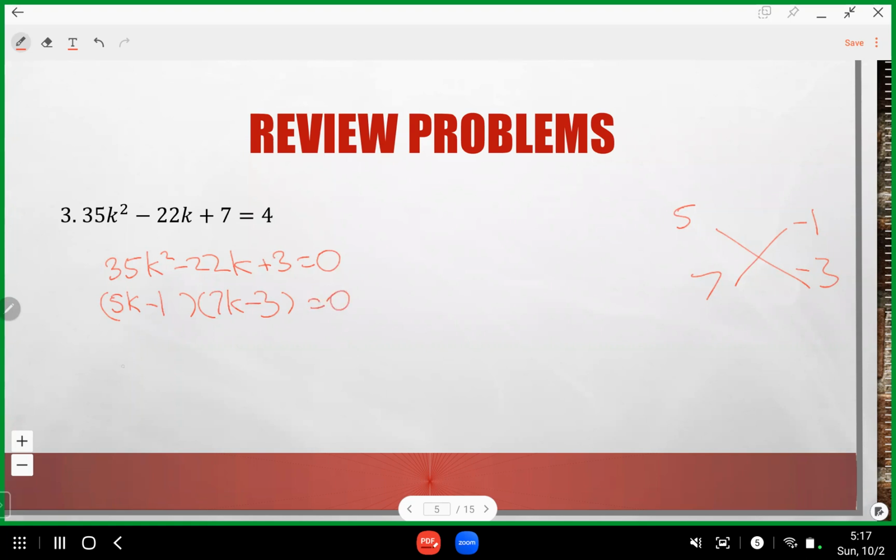So k equals... So let's say 5k minus 1 equals 0. So k equals 1/5. Very good.